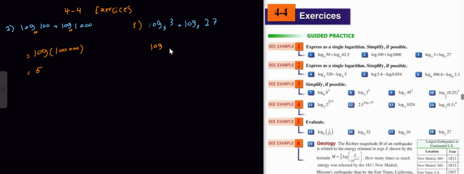We have log 3 and 3 multiplied by 27. Why? Because we have a plus and our bases are the same, so we multiply these two numbers together. So 3 multiplied by 27 is 81.